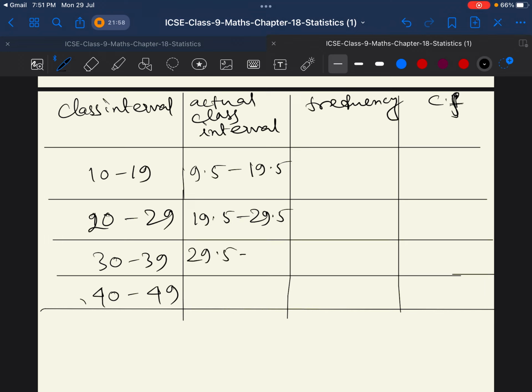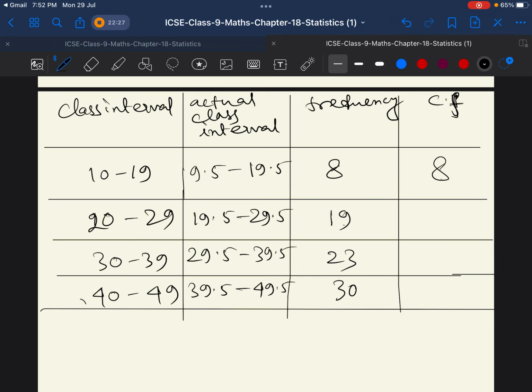This is 29.5. This is 29.5 to 39.5. This is 39.5 to 49.5. Here frequency 8, 19, 23 and 30. Then cumulative frequency, first we write here 8, then add 8 with 19.